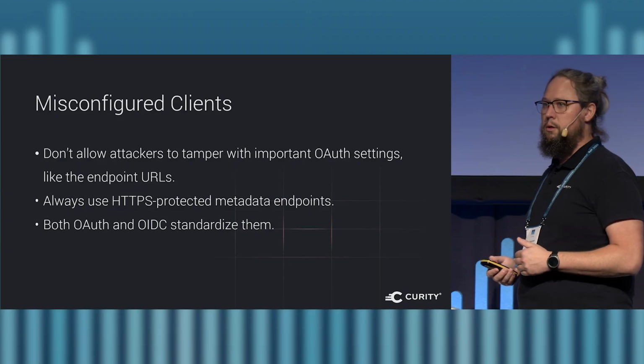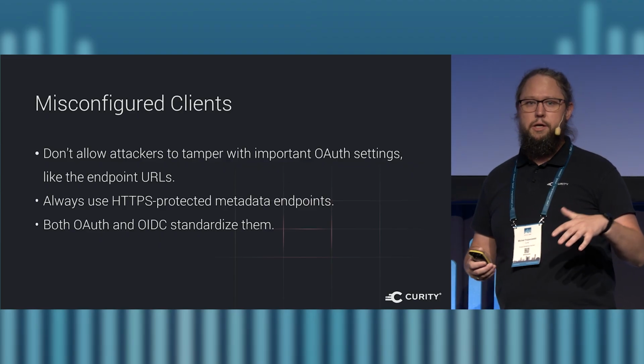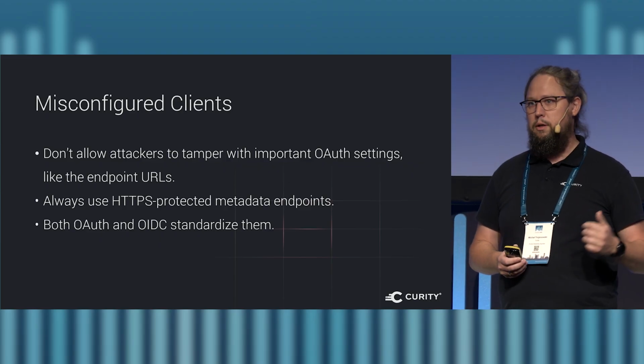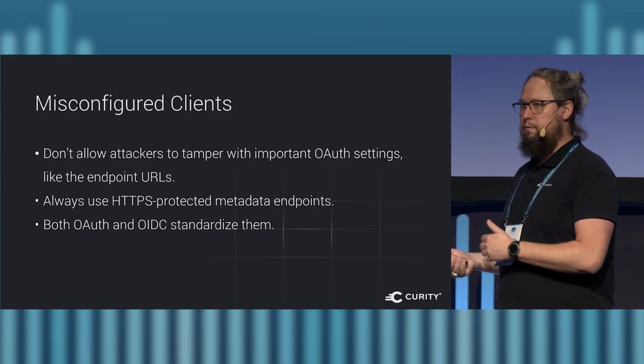And what can happen here is that an attacker is sometimes able to inject their own token endpoint. So now when the user initiates the code flow, they will authenticate at the authorization server, the client will get back the authorization code, and it will send that code together with the credentials to the attacker's token endpoint. And now the attacker will be able to get your access token.